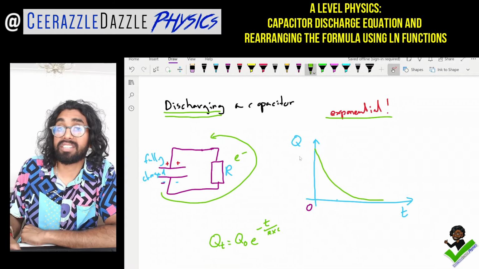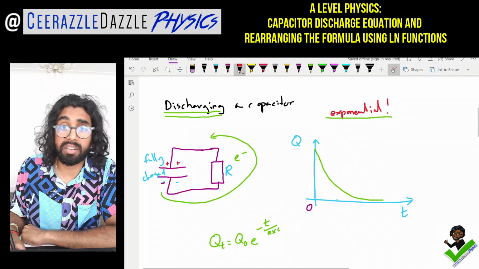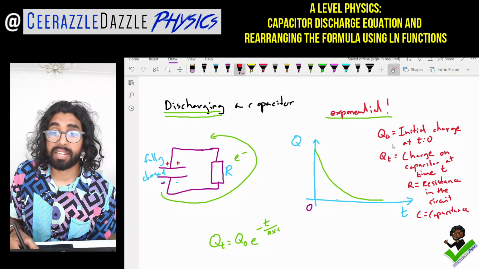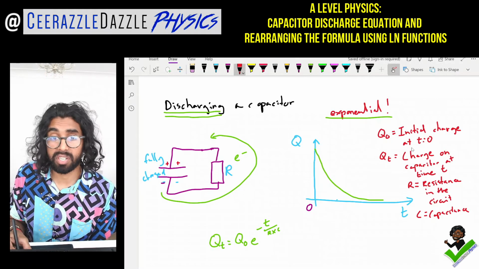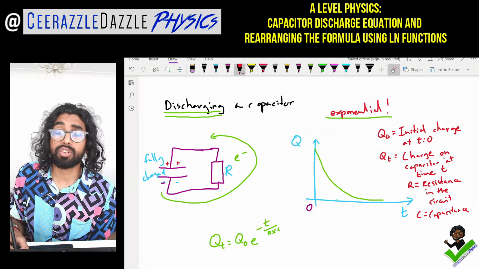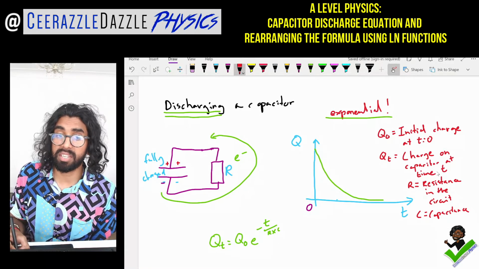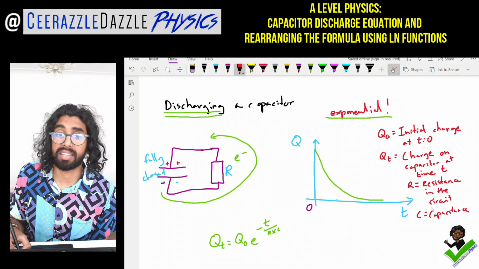Let's define all of these bits. If you've forgotten, we'll put them over here on the right hand side. Q0 is the initial charge at time t equals 0. Qt is the charge on the capacitor at time t, so after a certain amount of time has passed. R is the resistance in the circuit and C is the capacitance.